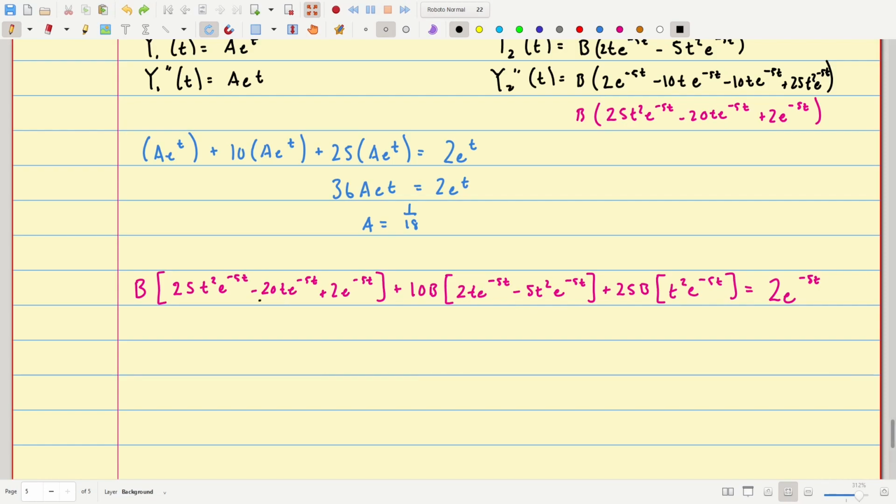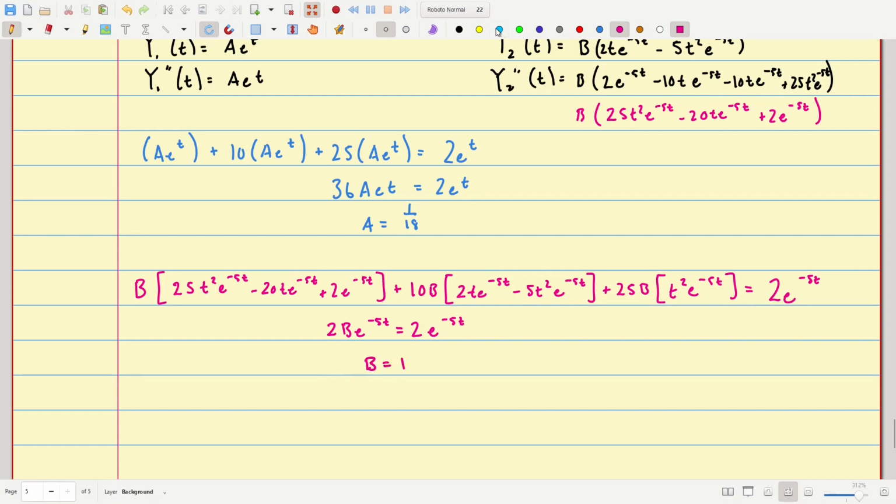And these are going to add out, which is just going to leave two b e to the negative 5t is equal to 2e to the negative 5t.